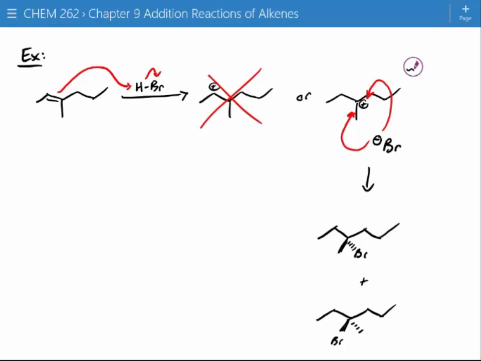So the transition state going to the secondary carbocation is a lot less stable than the transition state going to the tertiary carbocation, which means this reaction pathway is going to be much more favorable. It's going to have a lower activation energy. It's a little different. We don't use the term Hofmann or Zaitsev for addition reactions. We only use those for elimination. That's a good question, though.